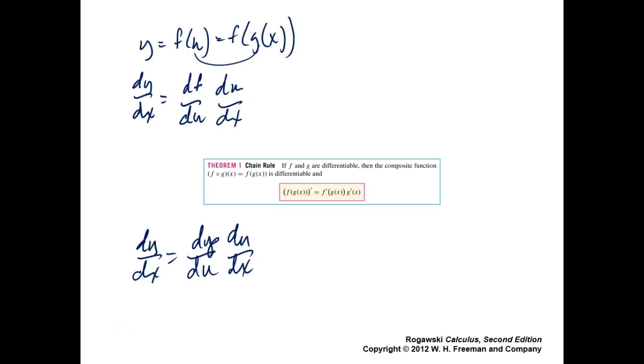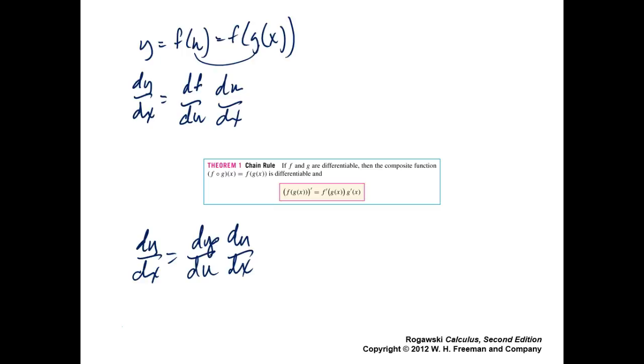Okay. Now, looking at it in this form, it kind of makes a whole lot of sense. If you were tempted to think, well, what if you cancel out the du? You can't. They're operators. You don't cancel out part of an operator. But it sure looks like it would make sense. That would yield dy dx.